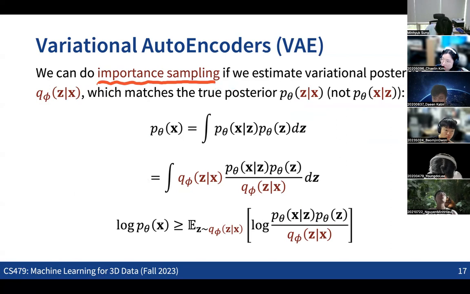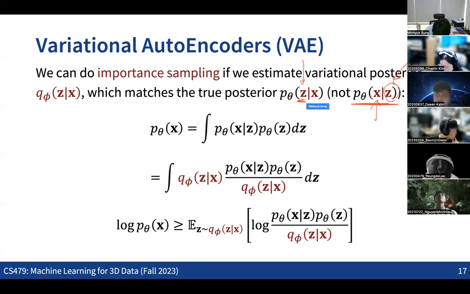If we get some information like the probability of X given the samples from the unit Gaussian, and if we can also get the opposite, the conditional probability of the sample Z from the unit Gaussian given the data distribution, then based on this information we can do importance sampling. So basically multiplying these two here.